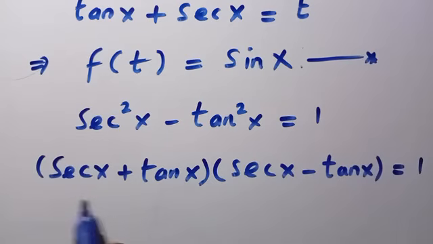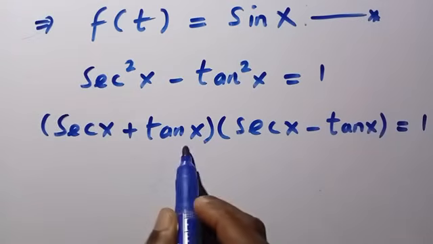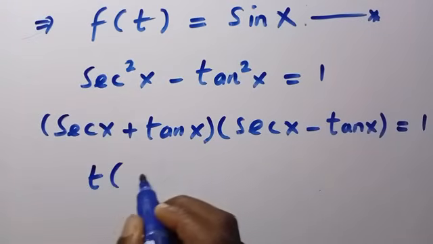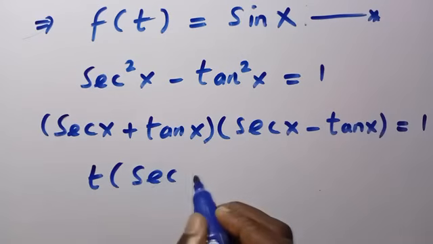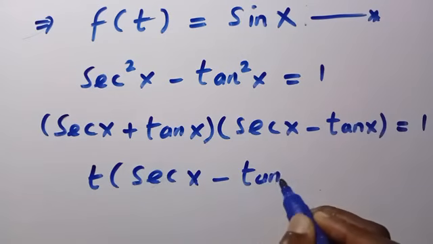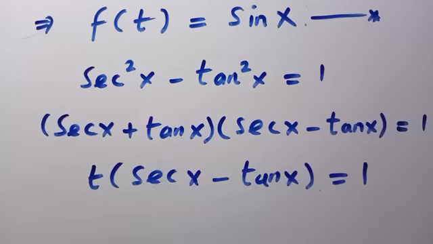But sec x plus tan x equals t. By replacing this with t, we have t times the bracket of sec x minus tan x equals 1.